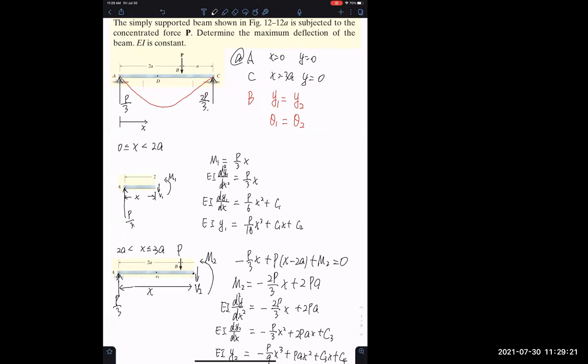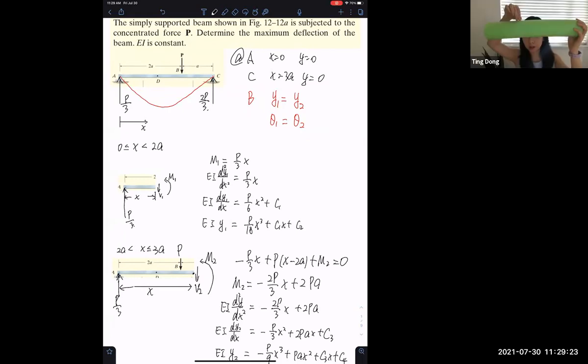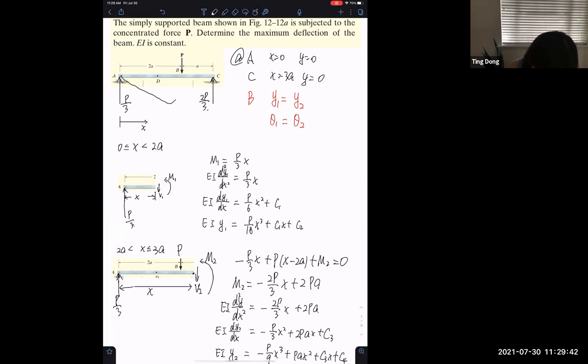When I move this point to the right, the maximum deflection point does not move in the same way as I apply force P. So if you imagine that I apply force somewhere here, then the curve will somehow look like this.